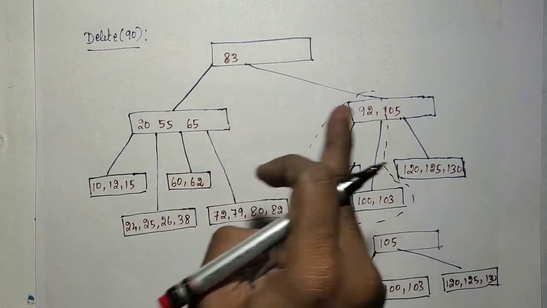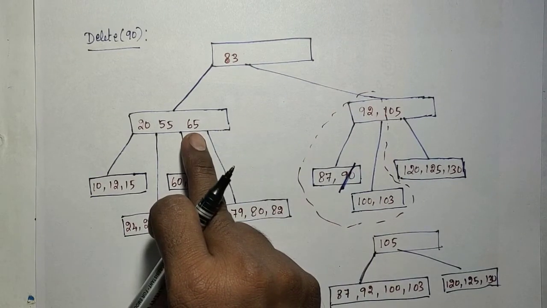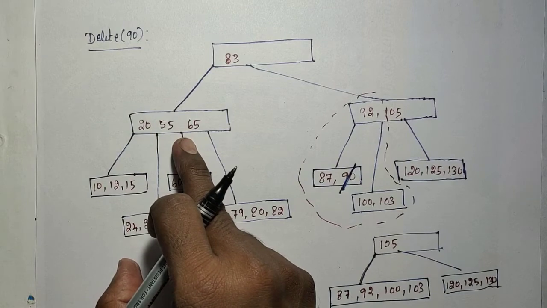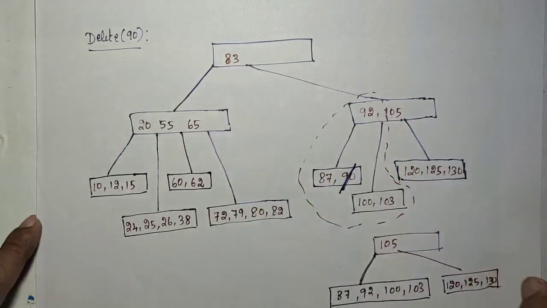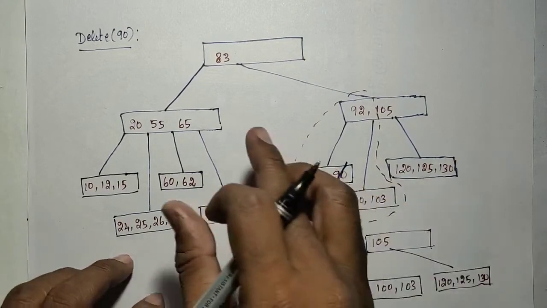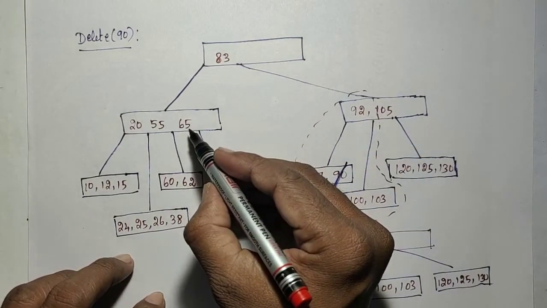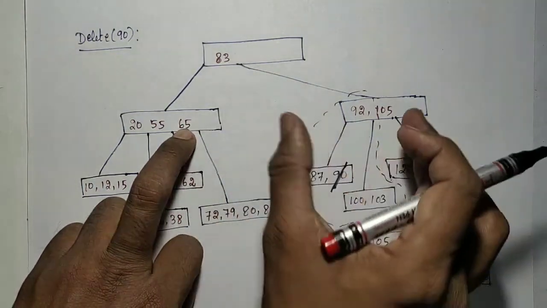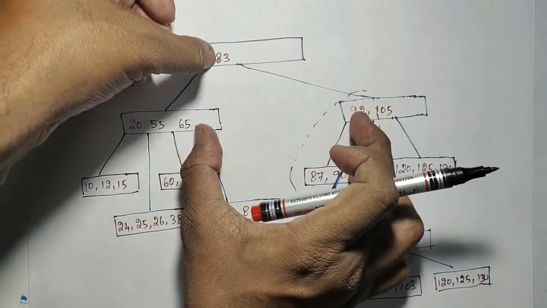In the left sibling, it can give one element, because it has more than the minimum number of elements. So I need to borrow one element from the left sibling. Borrow means through the root only. For this node, the parent is 83.